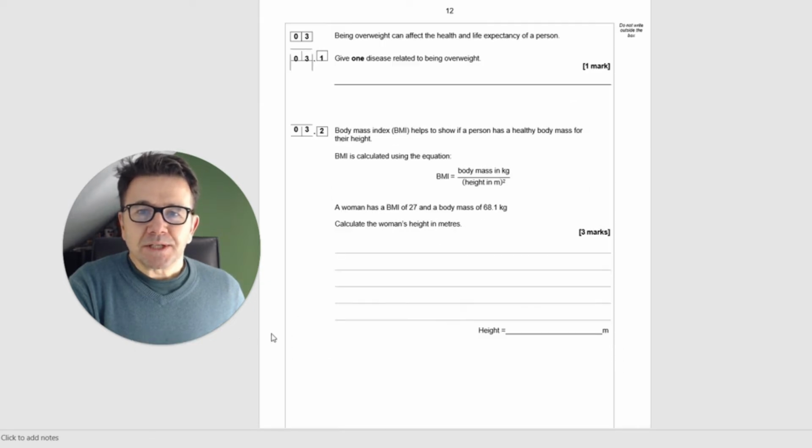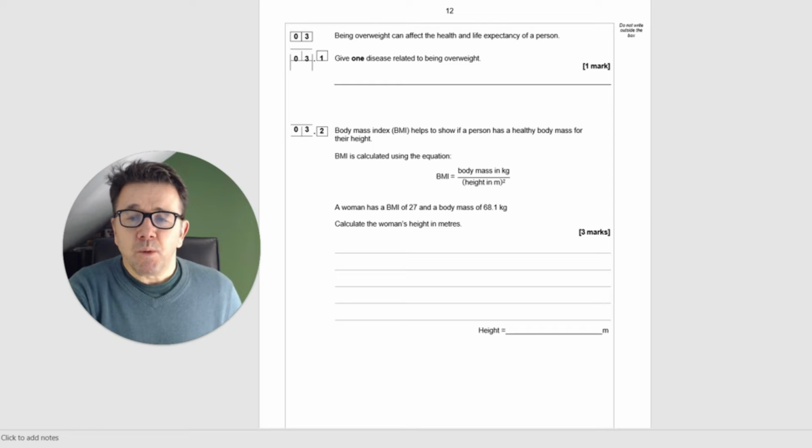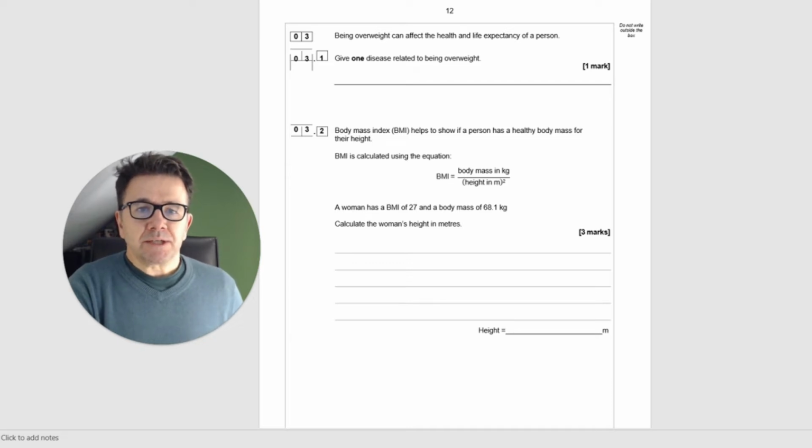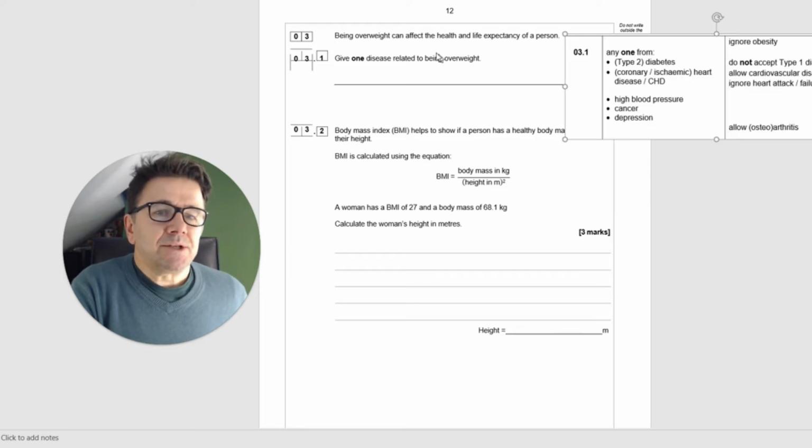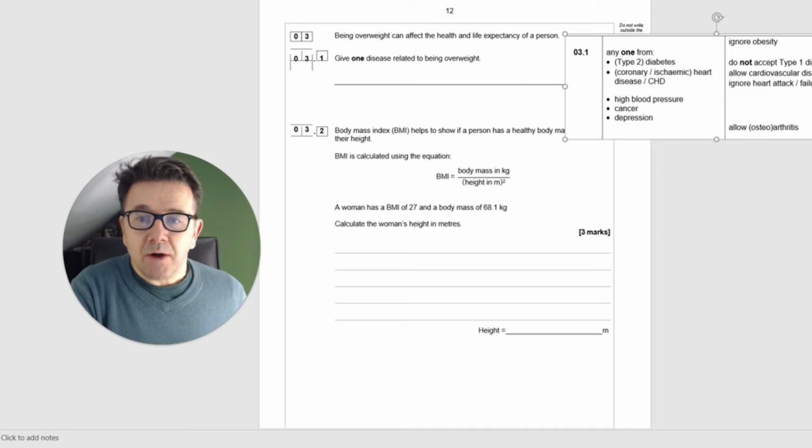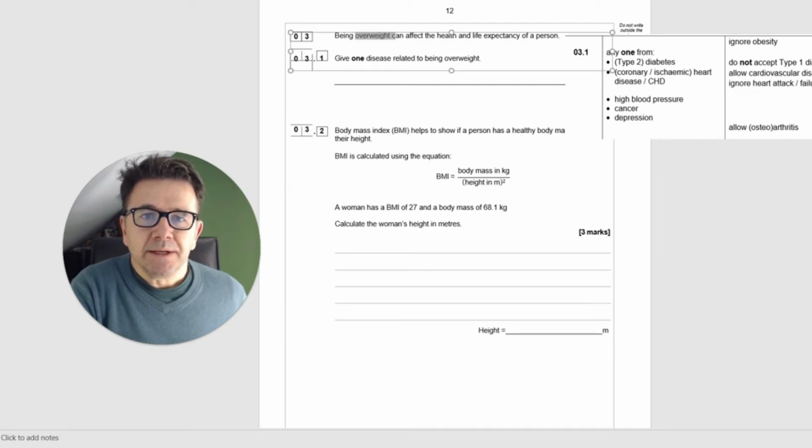Right, question 3. This was related to health and non-communicable diseases. It says being overweight can affect the health and life expectancy of a person. Give 1 disease related to being overweight, and there will be lots of diseases. It already mentions obesity in the stem of the question, so you can't have obesity.